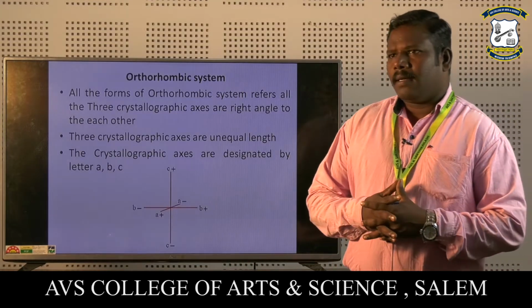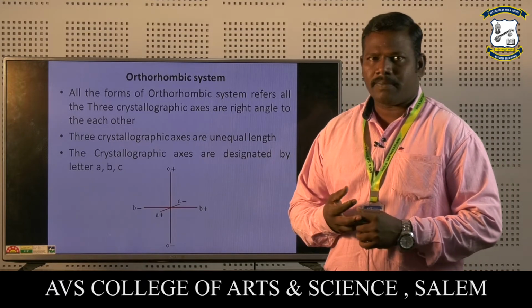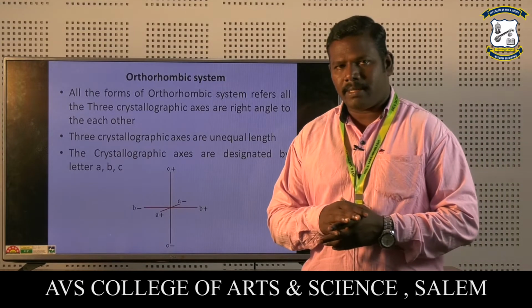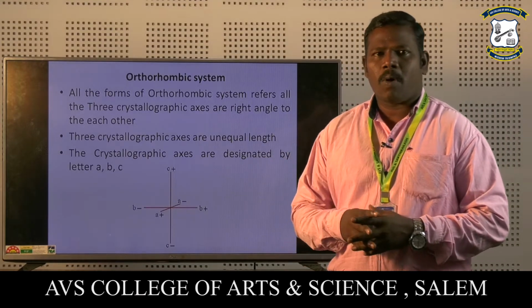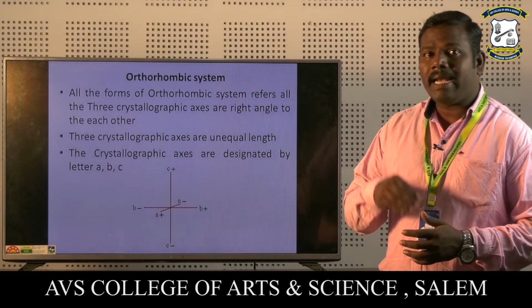And the fourth one is the orthorhombic system. In this orthorhombic system, we have three crystallographic axes. All three crystallographic axes are perpendicular to each other and of unequal length.